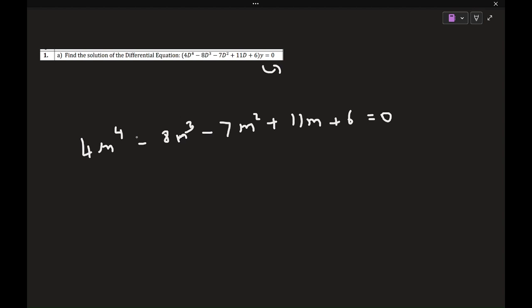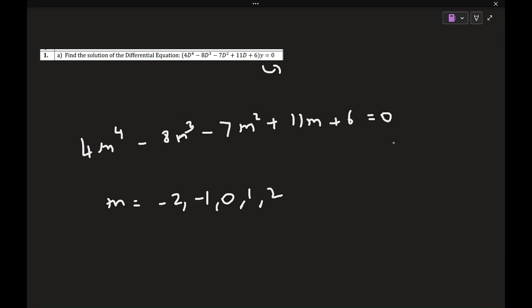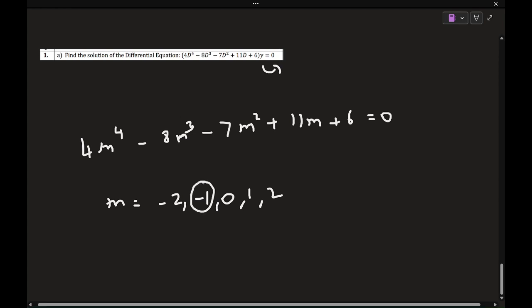For cubic we used the calculator, but for power 4 we cannot use that. For power 4 we need to convert this into a cubic and then use the calculator to find the remaining roots. To convert this into cubic, I'll need to find one root using the trial and error method. I will assume m as any of -2, -1, 0, 1, 2, and keep substituting until I get 0. Let's substitute -1.